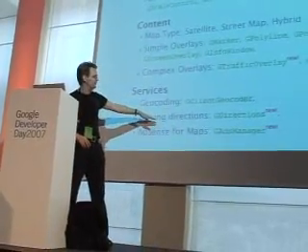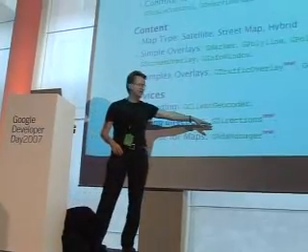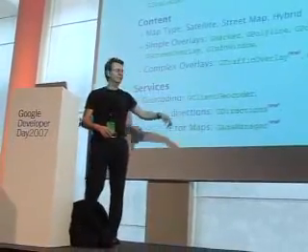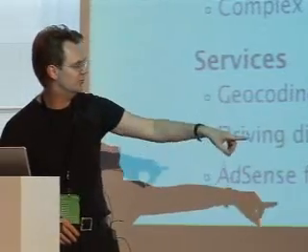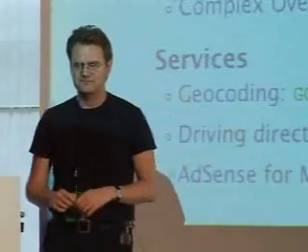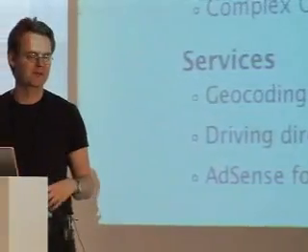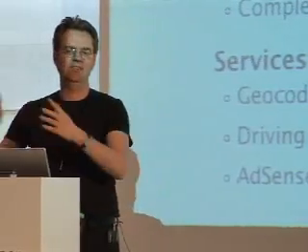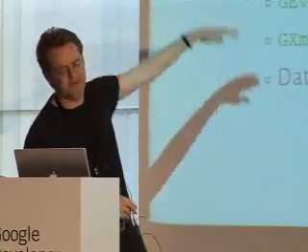And recently, like this week, we released the direction service, which is the same for directions as the geocoding is for addresses. I'm going to show you this as well. And very soon, we will release the Ads Manager, which is basically AdSense for maps. So you can put AdSense on your map, just as you can put AdSense on your HTML page already.